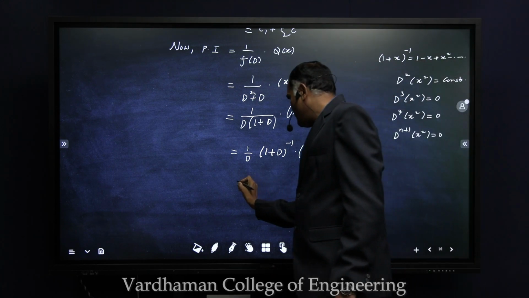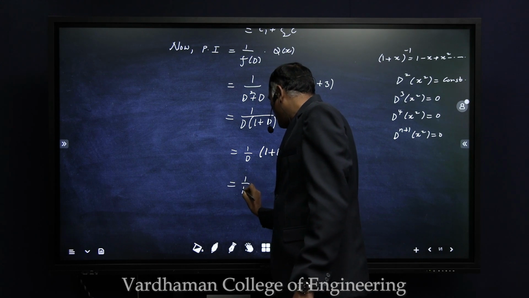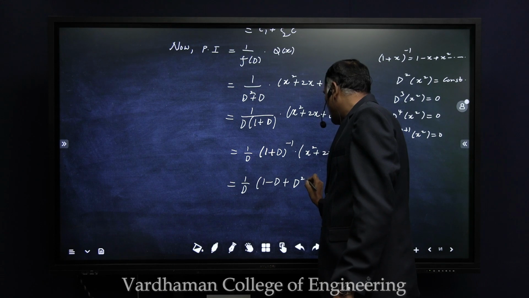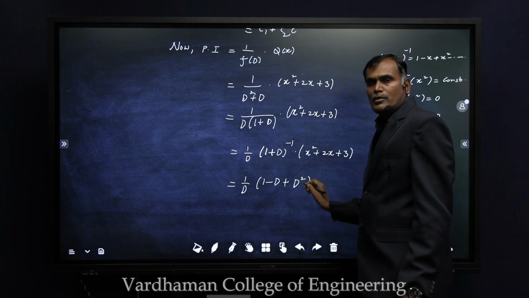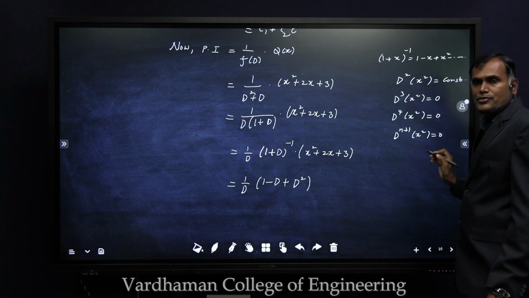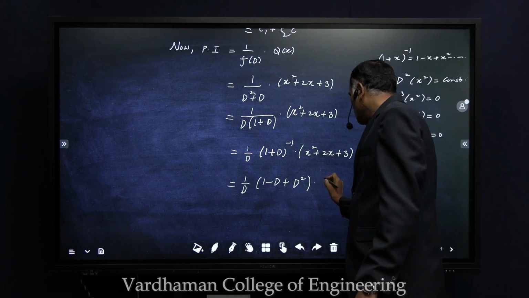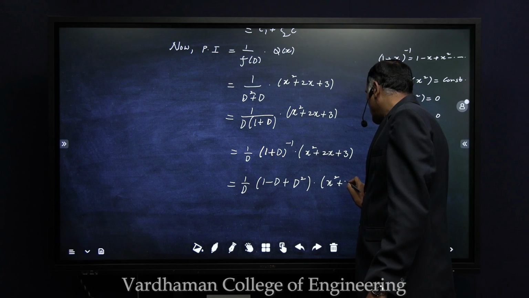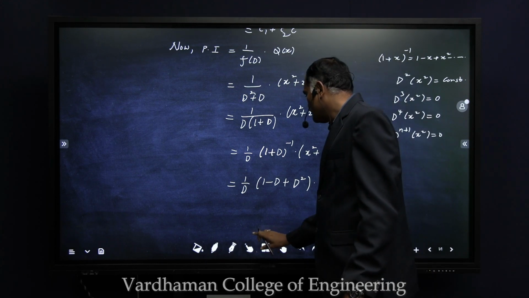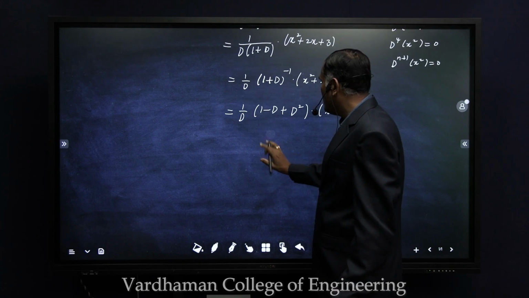So this can be expanded like this: 1 by D, 1 minus D plus D square. We can write up to this term, because as we discussed, D cube of x square and so on are zeros, into x square plus 2x plus 3. Now let us simplify this one.